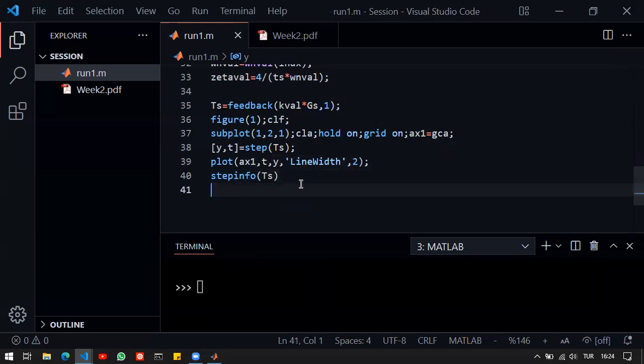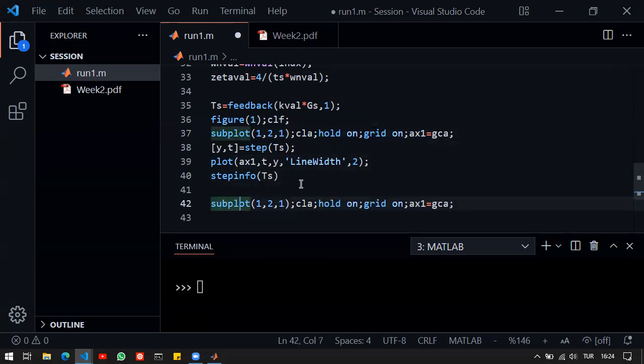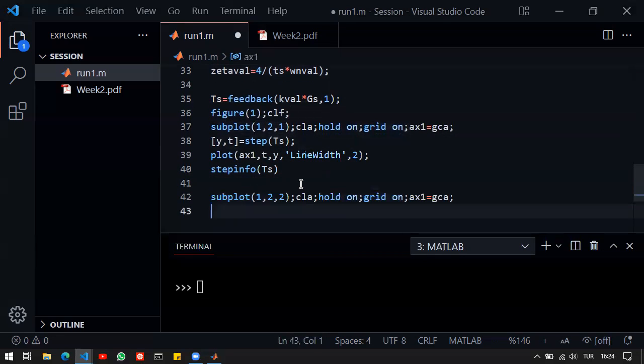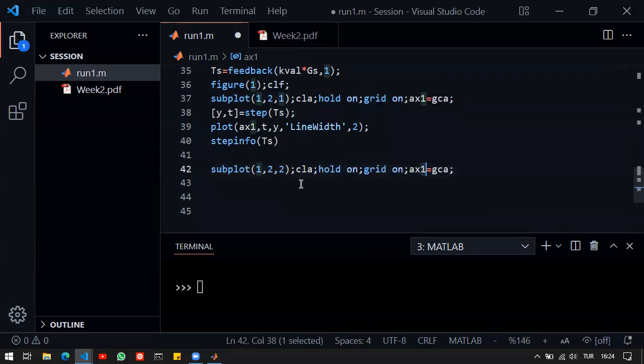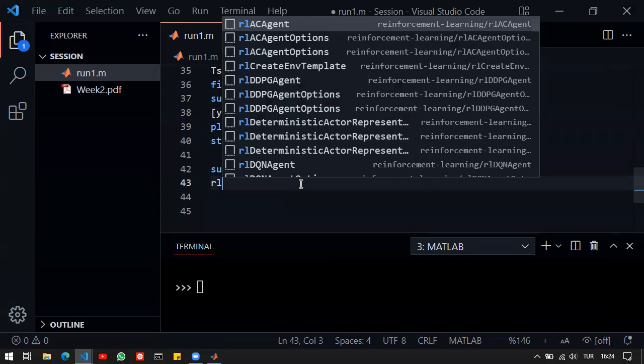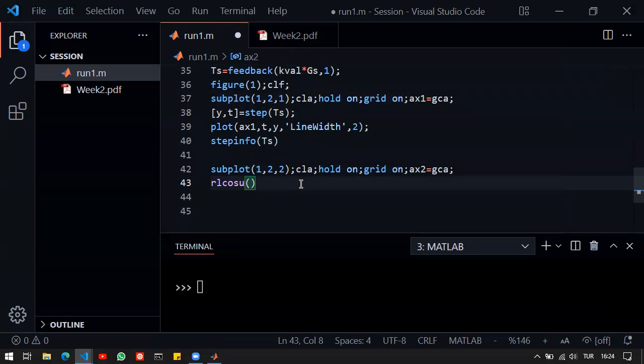So let's also have a root locus here in order to see what the open loop was and how we could have designed the controller. There we go.